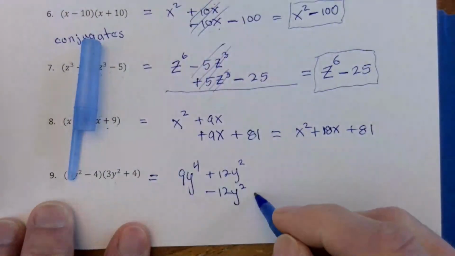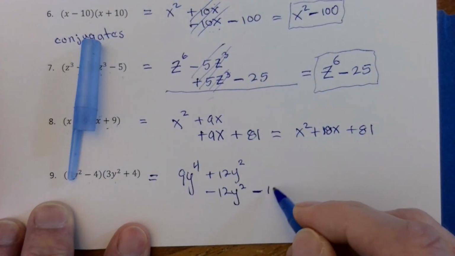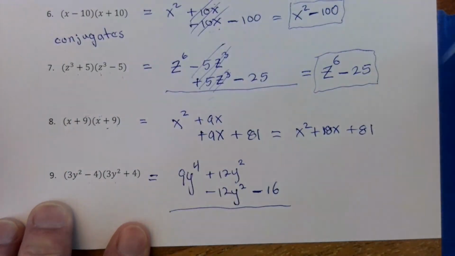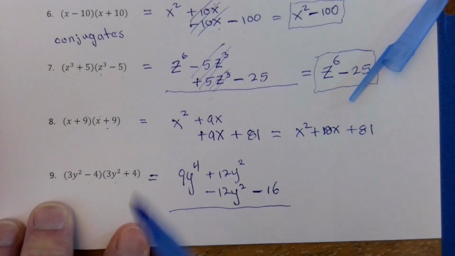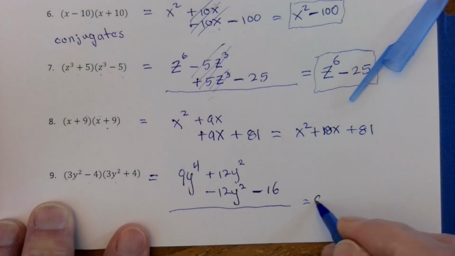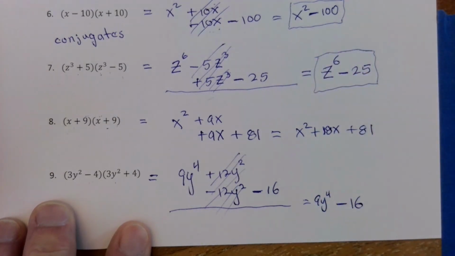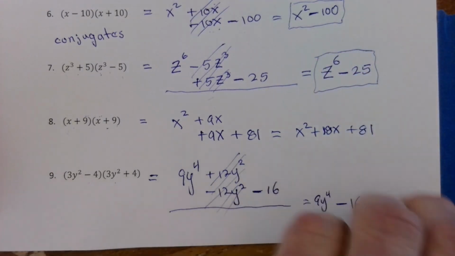So, we're back to looking at conjugates here. I don't think I intended to make this problem conjugates, but it is, so we're going to go with it. We get 9y to the 4th. We get the y squared terms completely canceling out, and then we get 16 with a minus sign. Okay. Now, where's that bonus problem?